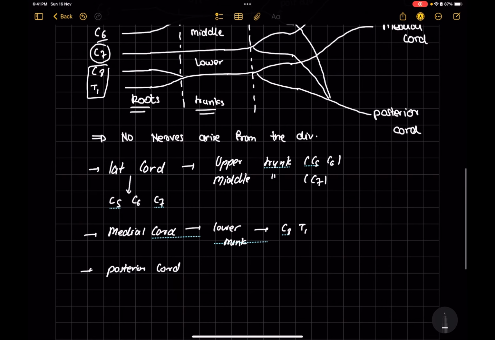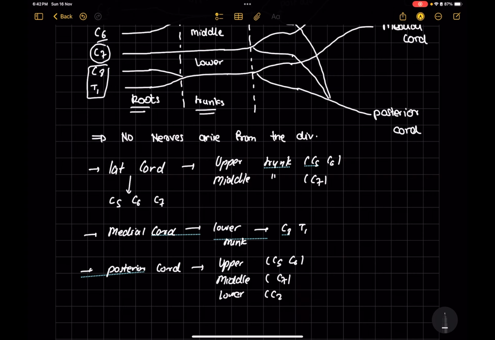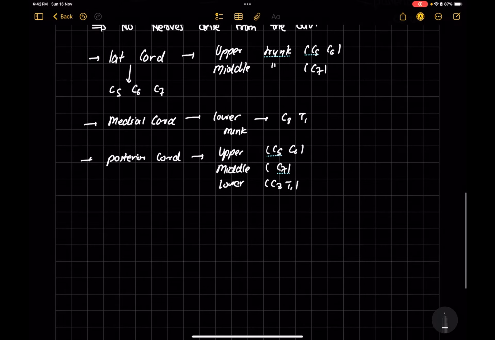Posterior cord arises from the posterior division of all three trunks, that is upper, middle and lower. So upper is C5, C6, middle is C7, lower is C8 and T1. So this would mean that posterior cord has all the root values, that is C5, C6, C7, C8 and T1.